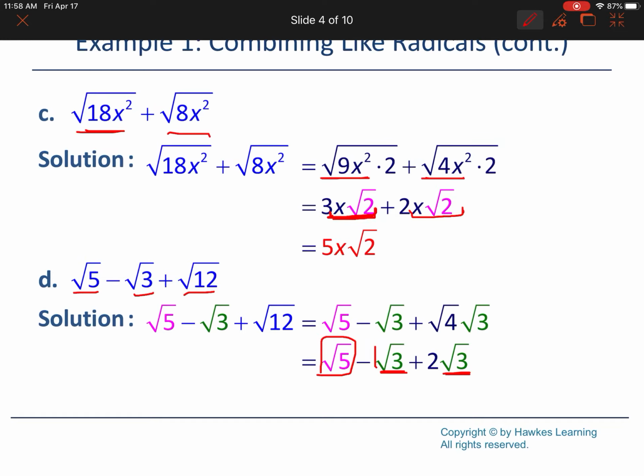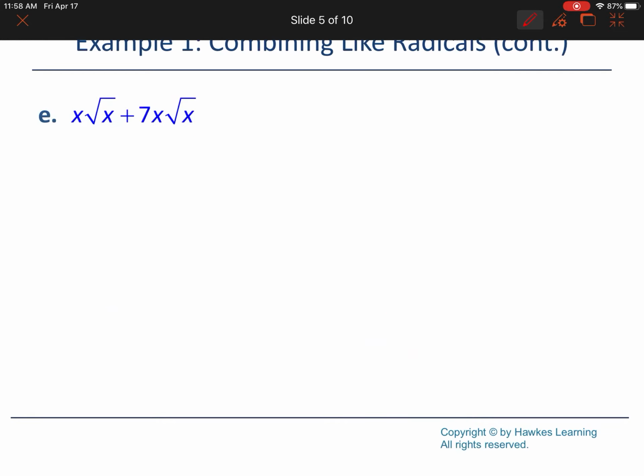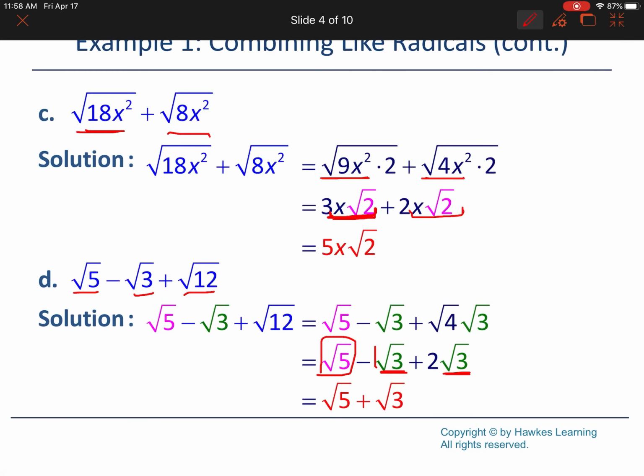So if I add negative 1 and 2, that gives me positive 1, right? Now, this is as far as we can go. The square root of 5 and the square root of 3 are not like terms, so I cannot add them together. This is as simplified as it's possible to be.